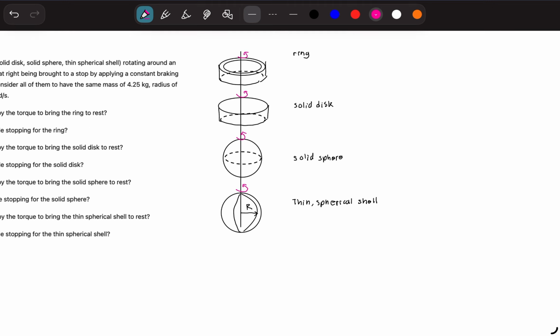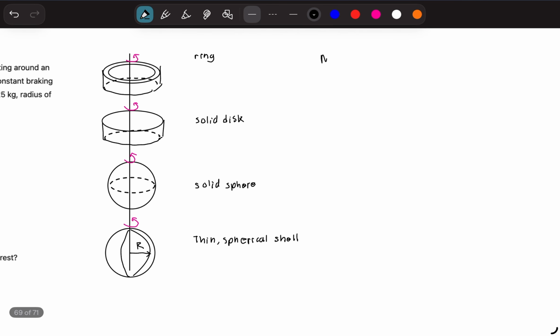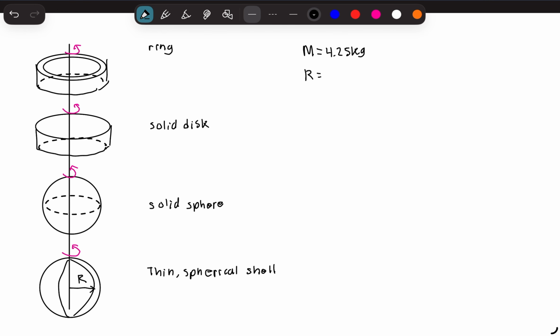So we're given our radius, initial angular speed, and our braking force at edge.